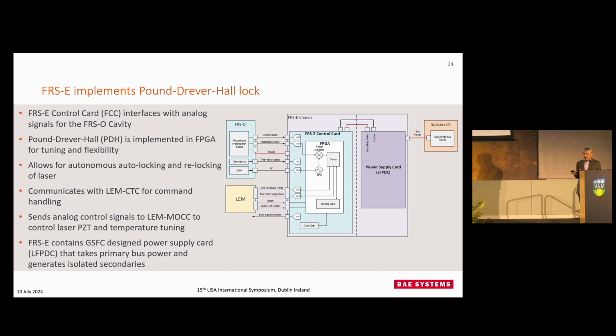The FRSE is a collaborative effort between NASA Goddard and BAE. We provide the power card and the chassis for the FRS electronics, and BAE developed the control electronics to drive the FRSO, and also interfaces with the LAM for the frequency locking part of the control system.